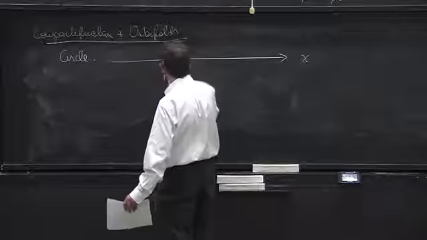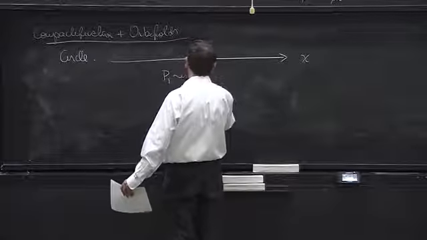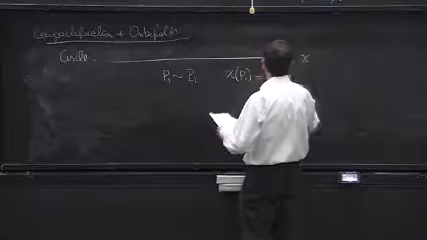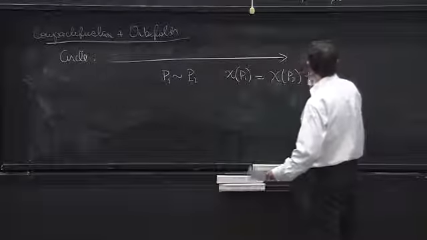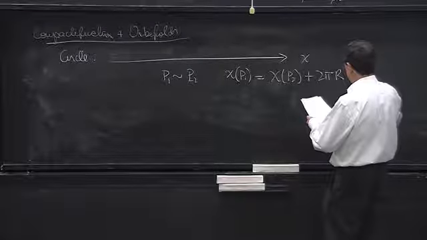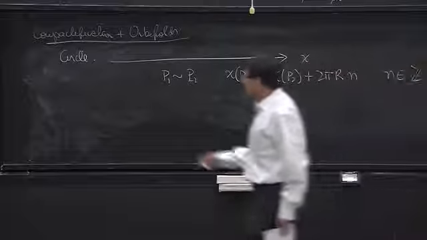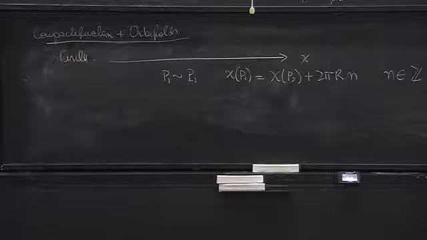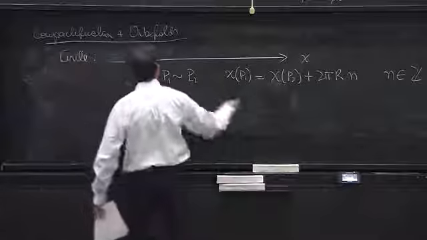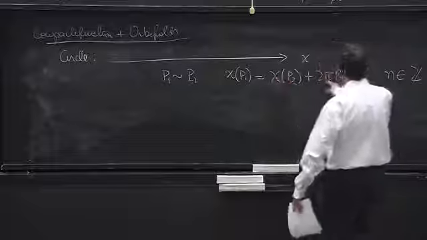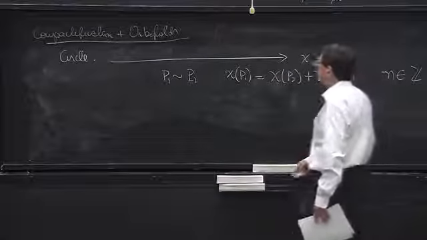I say that P1 is identified with P2 if the coordinate of P1 and the coordinate of P2 differ by 2 pi r times any integer n that belongs to Z. This is a funny way of describing a circle. This is saying, look, these 2 points will be considered equivalent if their coordinates differ by a multiple of 2 pi r.